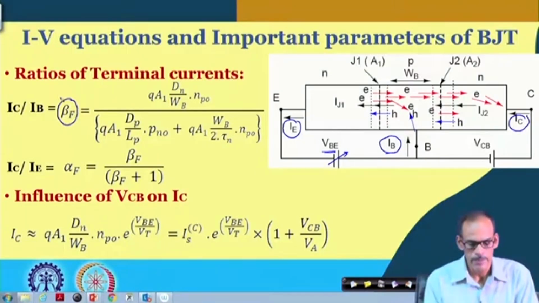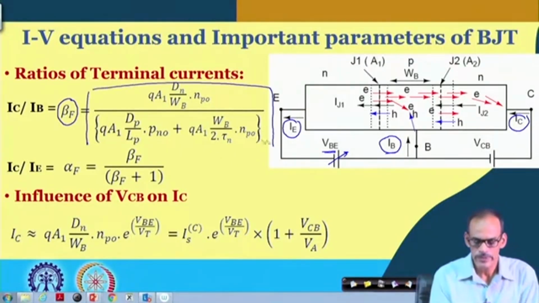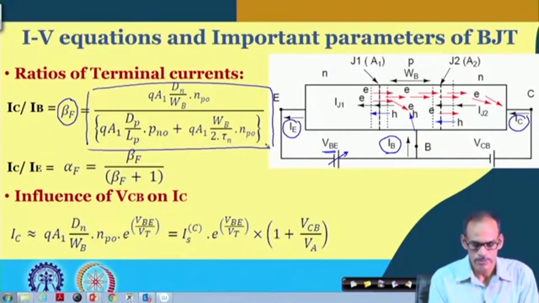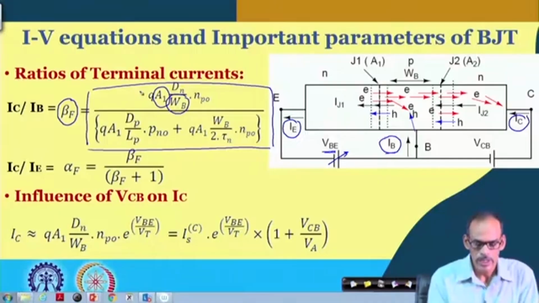collector current gain. As you can see in this expression, it is a function of different internal device parameters, namely the base width, the base to emitter junction cross sectional area, and so on.